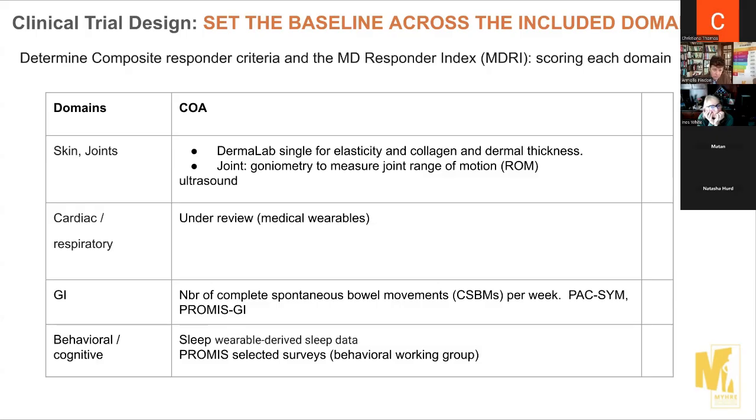So that's for sure. For cardiac and respiratory, it's still under review because there is so much heterogeneity in cardiac and respiratory issues in patients that it's difficult to choose what to measure and standardize it across all patients.